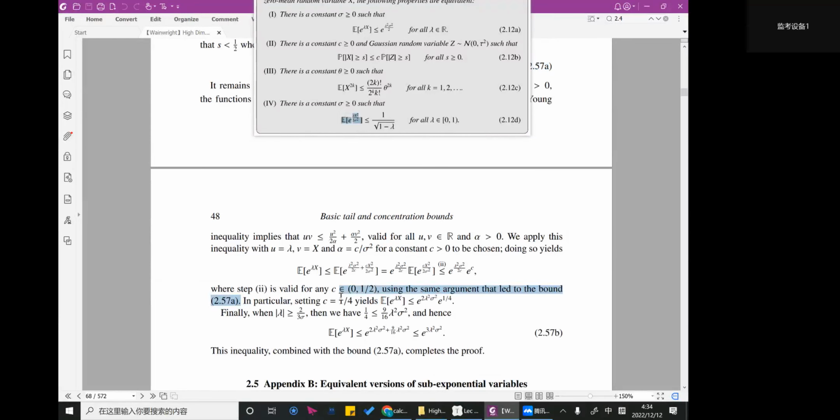In particular, this is somewhat arbitrary in setting the value of c. You can also use other values of c. It doesn't matter. And we yield this bound. Finally, when lambda satisfies this condition, we have this, and finally we get this bound. So the expectation of e to the power lambda x is less than this. So we complete the proof.